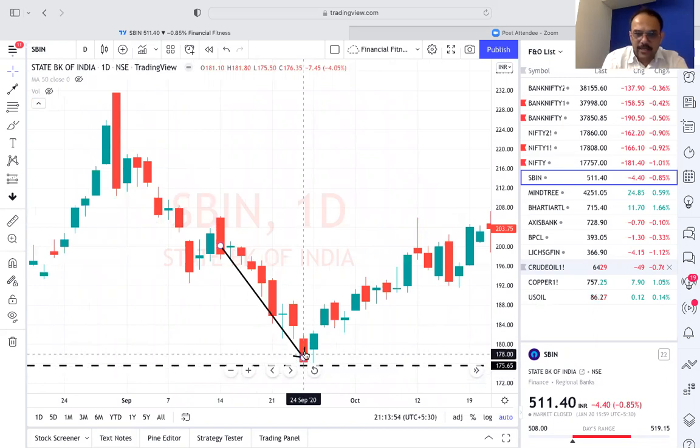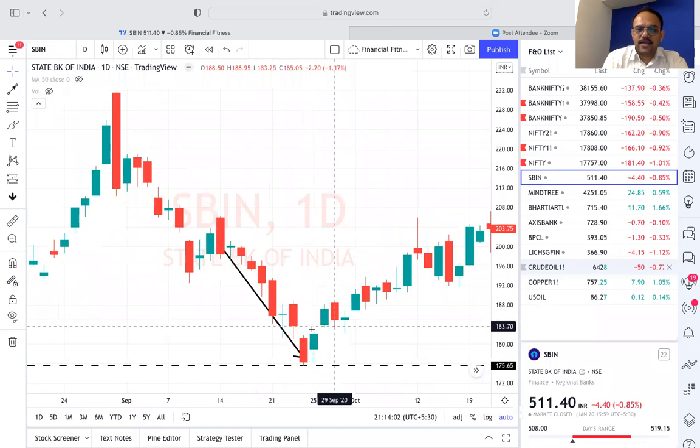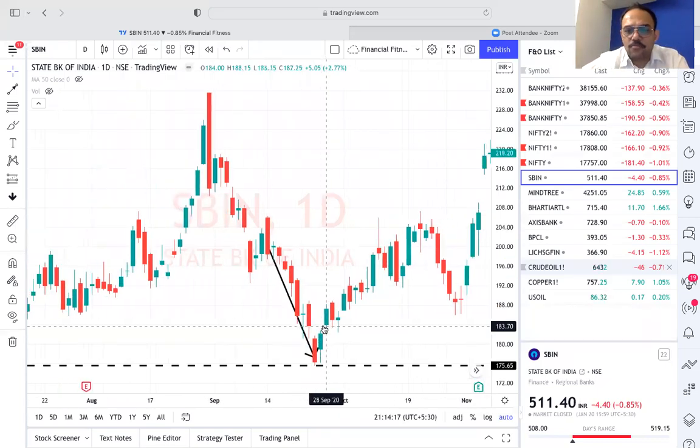Next day it opened here, kept on going up, and it closed above the wick of the red candle. Next day, if it is going above this candle, you can buy, hold it for some 5 to 7 days. It will give you a decent return. At least it goes for 5 to 7% whenever you have this type of movement.